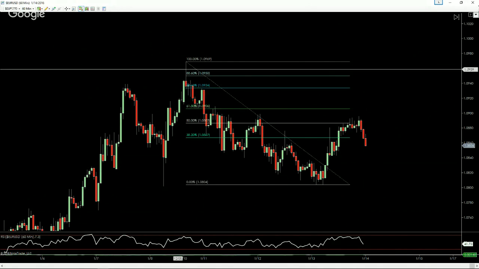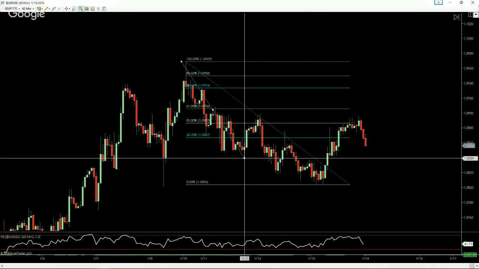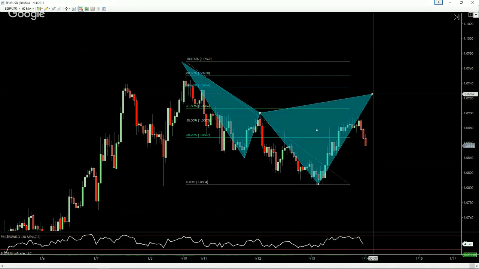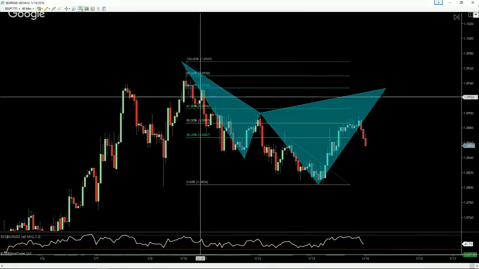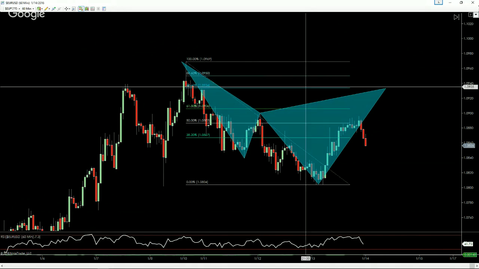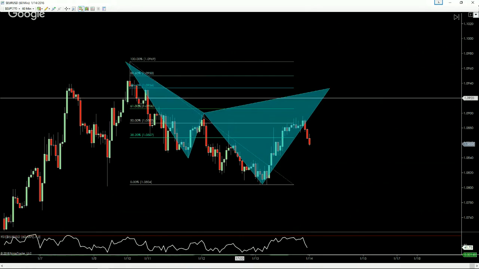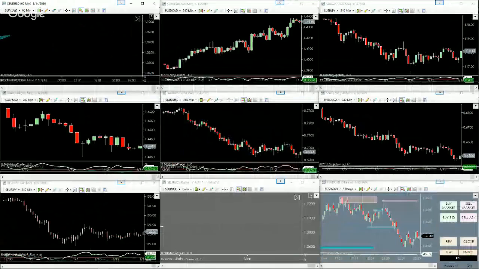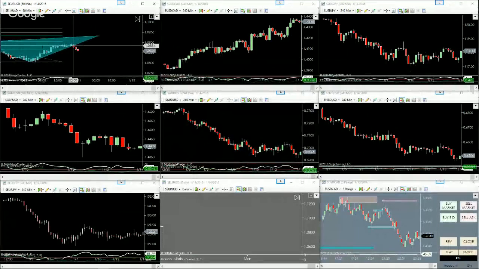So this is a Cipher pattern, and it would complete on this at the 786. So that's something we could be waiting for.